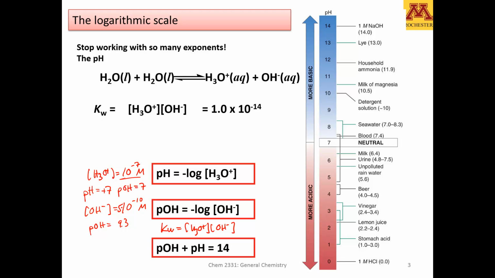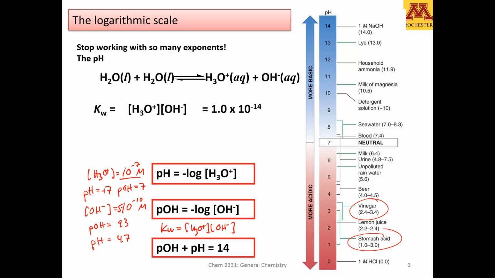If the pOH is 9.3, the pH has to be 4.7 so that when you add them up, it is 14. Notice that these numbers are more convenient because then we can talk about vinegar having a pH around 2.4, your stomach having a pH around 1, etc.